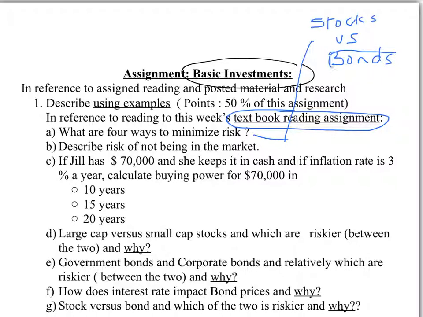So these two behave differently, and in some ways they could offset one another. So if you're investing, you would not put everything in stocks or everything in bonds, because they move in different cycles. So you're diversifying across two types of assets.